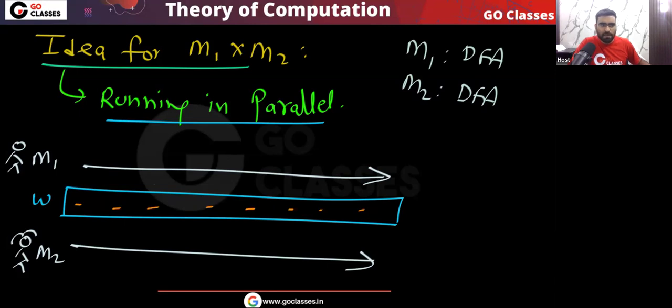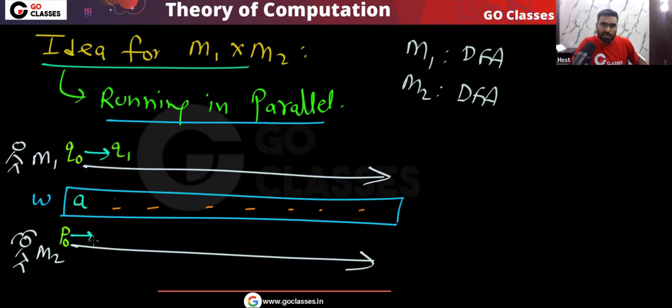They are running in parallel, and they will start in their own initial states. Both the DFAs start in their own initial state and run in parallel. After this symbol, for example, let's assume this symbol is A, then this will make its transition and that will make its transition, so they go to new states.